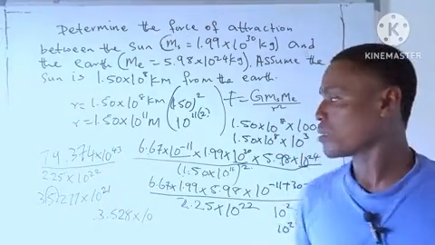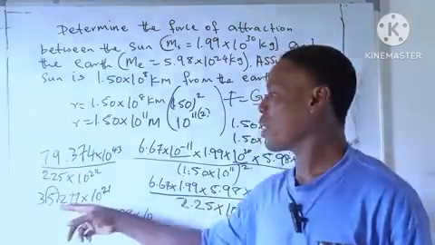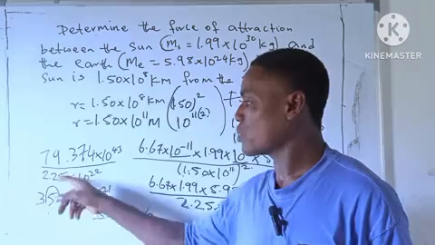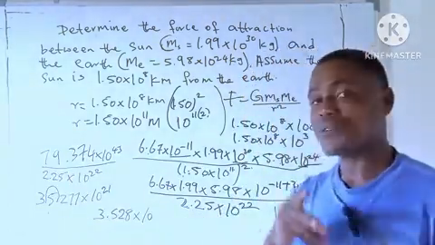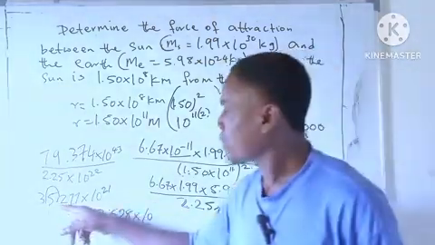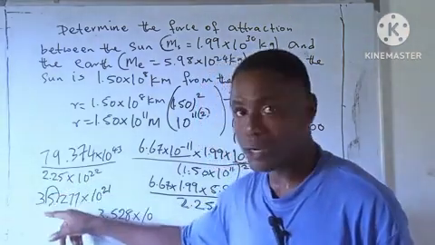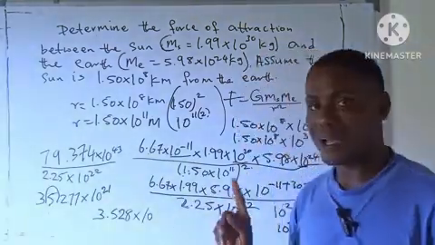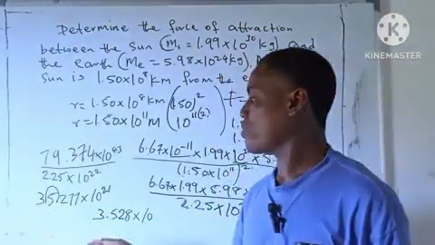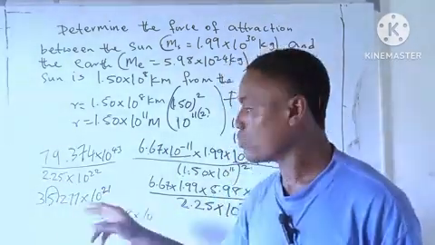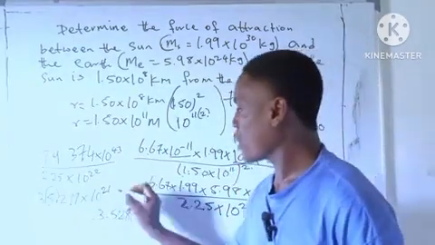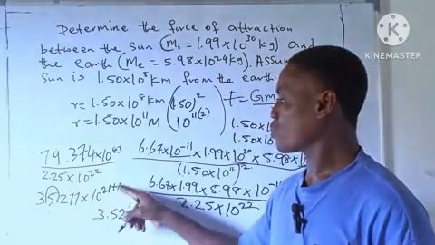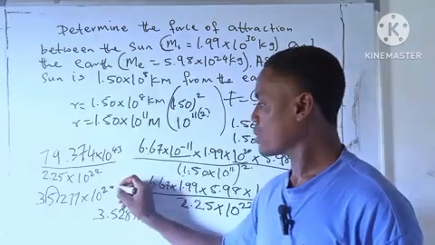If you still remember what I said from the previous video: if the decimal point is moving backward, we add, but if the decimal point is coming forward, we minus. Here we moved backward, only once, so we add 1. So 21 plus 1 will now give us 22.